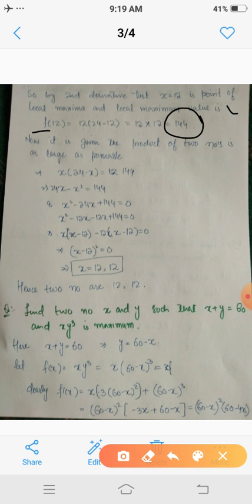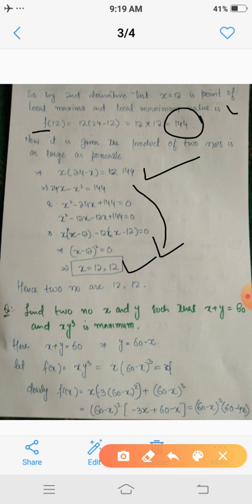Now it is given that the product of these two numbers, that is x and 24 minus x, is maximum, or is as large as possible, and the maximum value of this product function is 144, which implies that x into 24 minus x equals to 144. So it is a quadratic equation. Using the quadratic rule, we simply get x equals to 12 and x equals to 12.